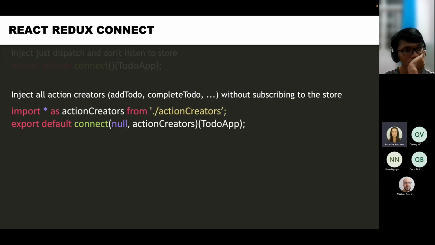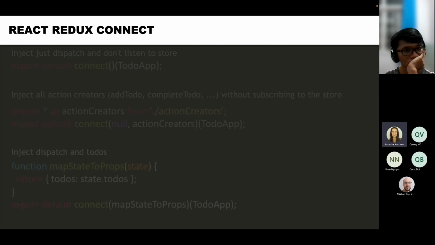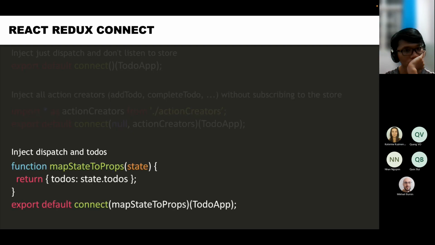And here we have an example of how to inject all action creators without subscribing to the store. So connect our dispatches and to-dos.